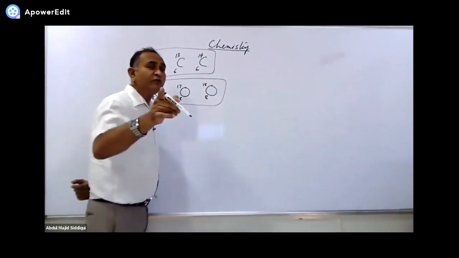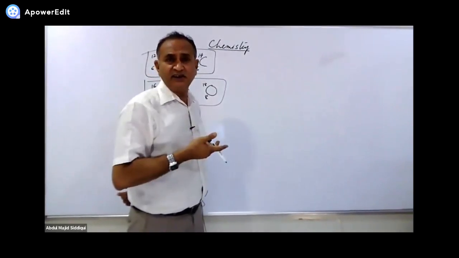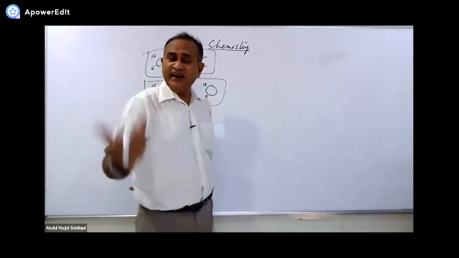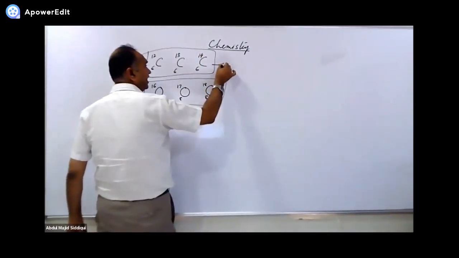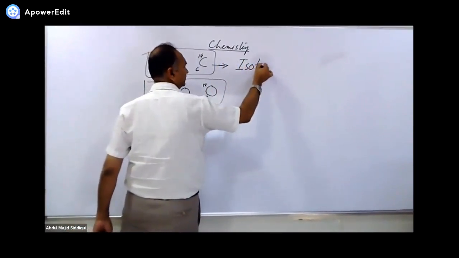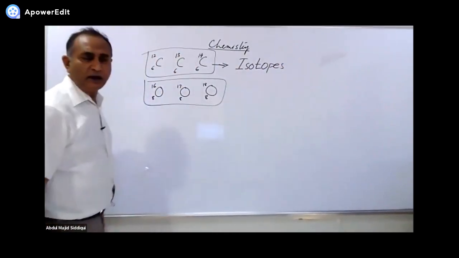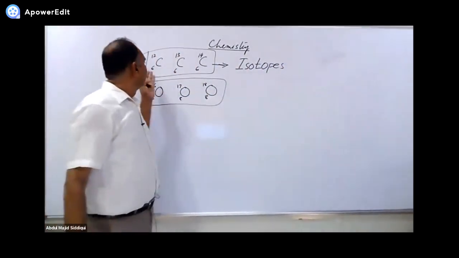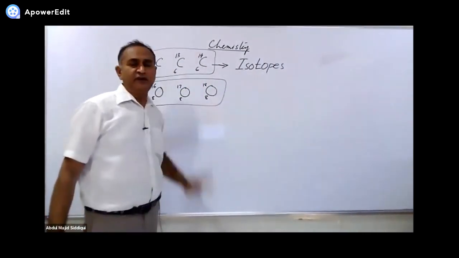So point number 2 of Mr. Dalton proved to be wrong and should be corrected. So modern atomic theory corrected it. Such atoms are called isotopes. We have a separate topic of isotopes in this chapter. Isotope means the atomic number is the same, the atomic mass is different.